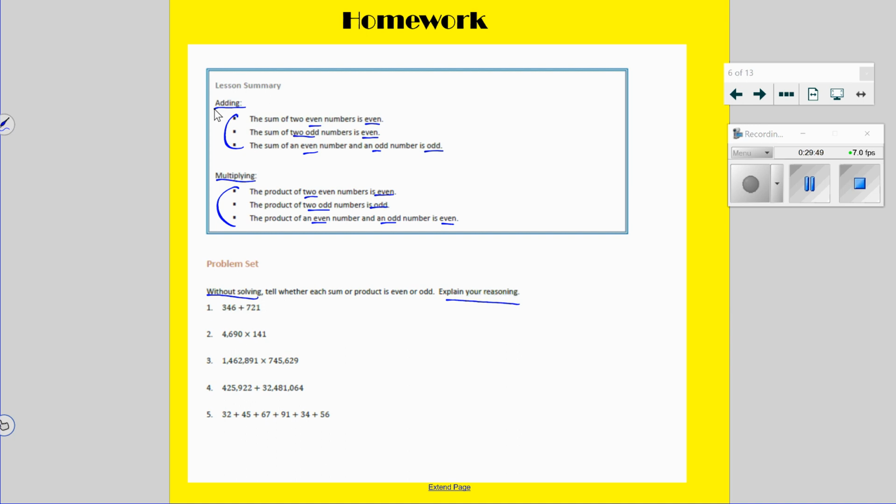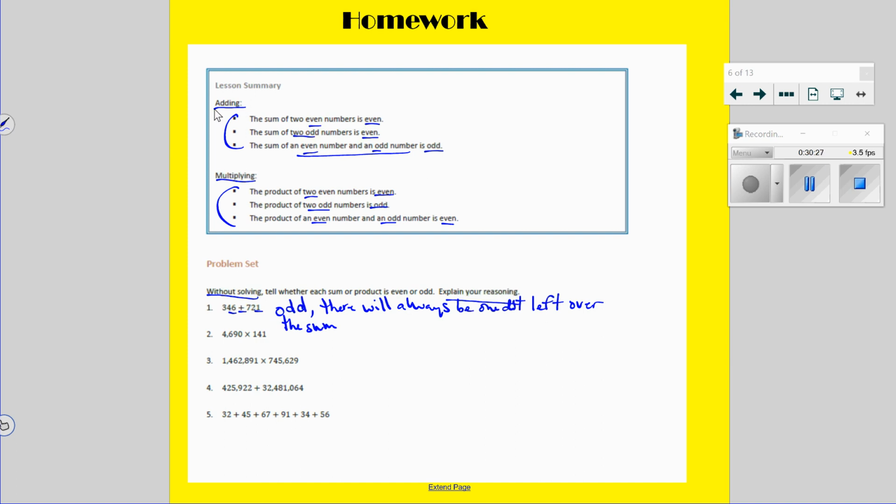In this case, I'm adding an even and an odd. So what's my answer going to be? Odd. So I say it's odd, and then my reason is there will always be one dot left over. Or you could just say, in this case, the sum of an even and odd is odd.